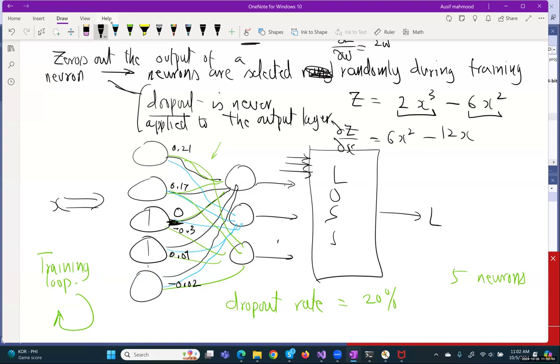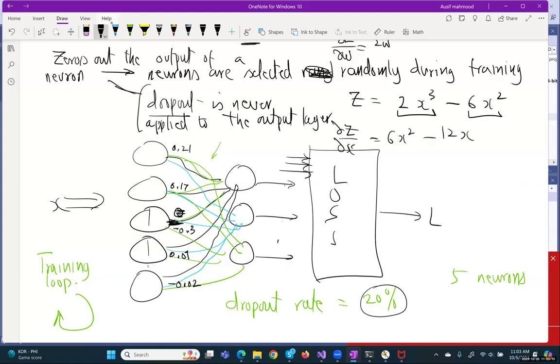Okay. So suppose at some point in time, these were the 5 outputs based on the input data, right? As we do the forward pass. So if we said, oh, use a dropout of 20% during training, we'll throw a random number between 1 and 5. Let's suppose it lands on 3.